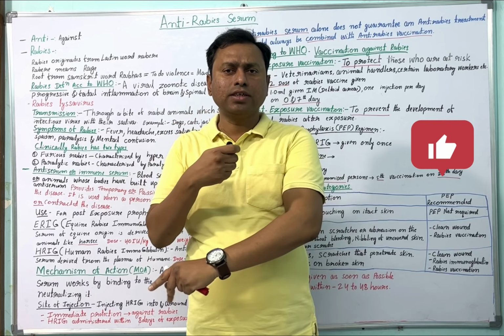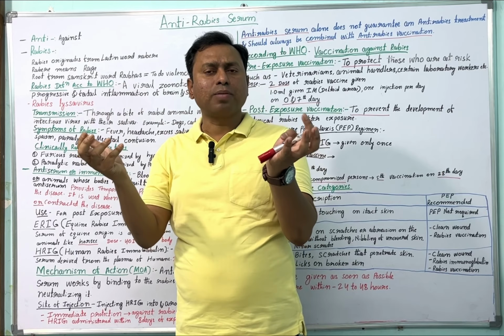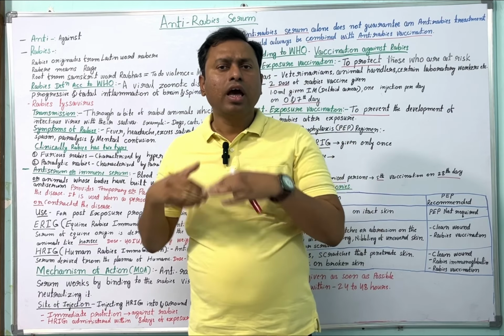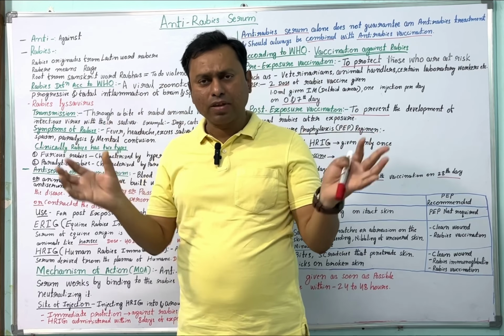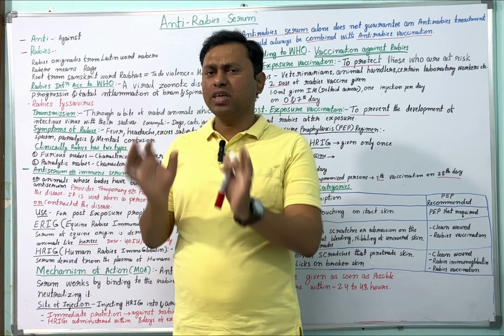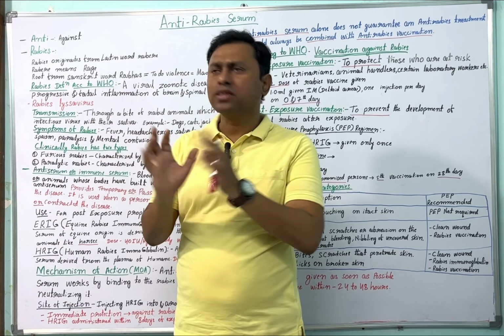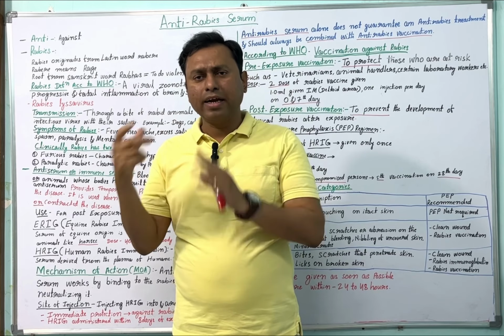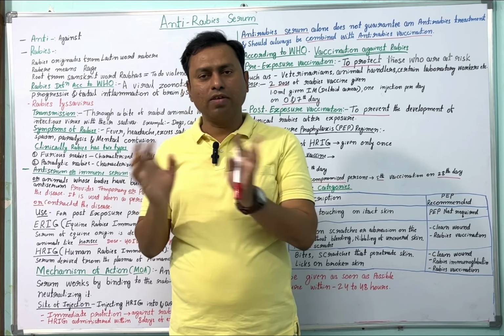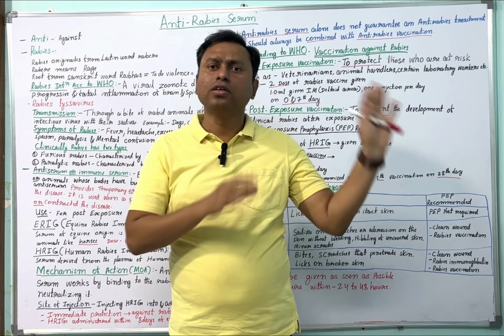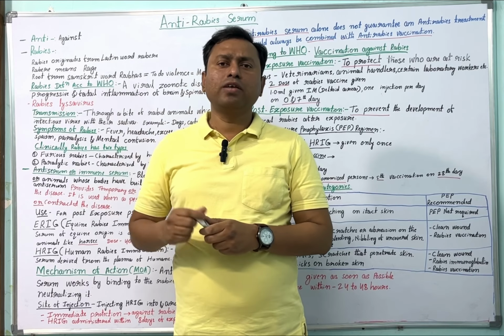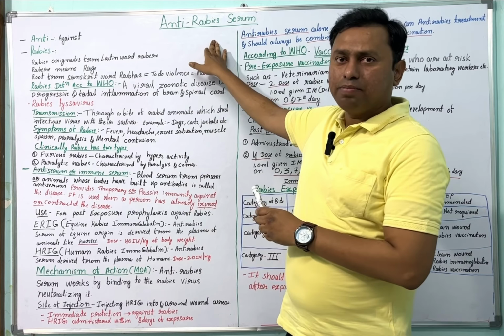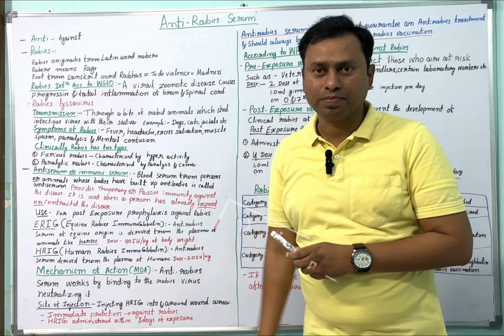If you give the vaccine, it will take 7 to 8 days to produce antibodies, and after that the vaccine will protect. It means that for the first 7 days the anti-rabies serum prevents, as the ready-made antibodies give passive immunity. After the 7th-8th day, the vaccine will produce antibodies. This is brief information about anti-rabies serum.